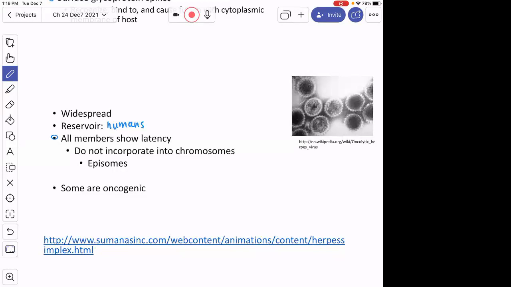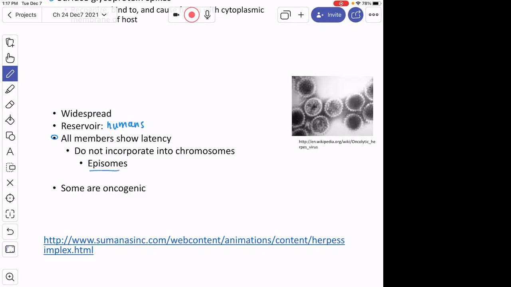And when they do that, we call that a prophage. When animal viruses incorporate into the host chromosome, we call it latency. So lysogeny in bacteria, latency in animal hosts, and we would call that a provirus when the virus incorporates into an animal cell chromosome. Herpes virus has a little different strategy.